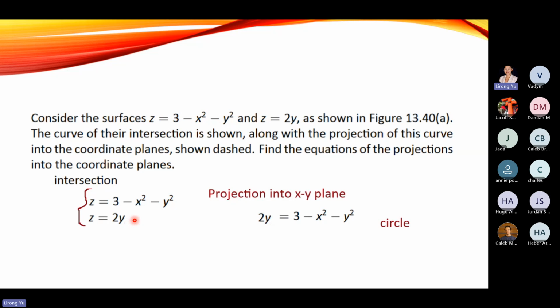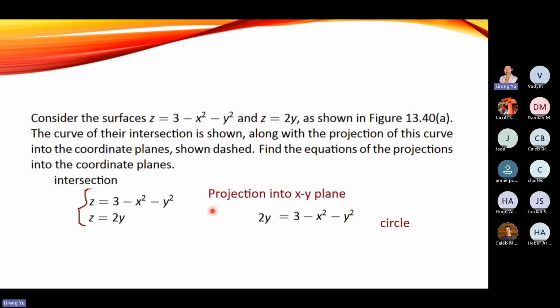That's how you project onto the xy plane. So all I have to do is pair these two equations together. You end up having 2y equals 3 minus x squared minus y squared. You can then move the x squared and y squared to the left side. You have x squared plus y squared plus 2y equals 3. Because of the sum of squares, this is the equation of a circle in the xy plane.